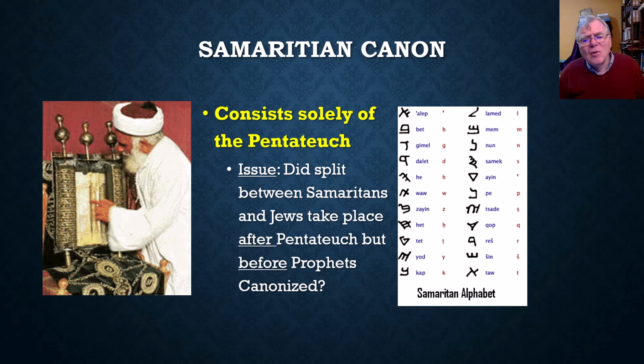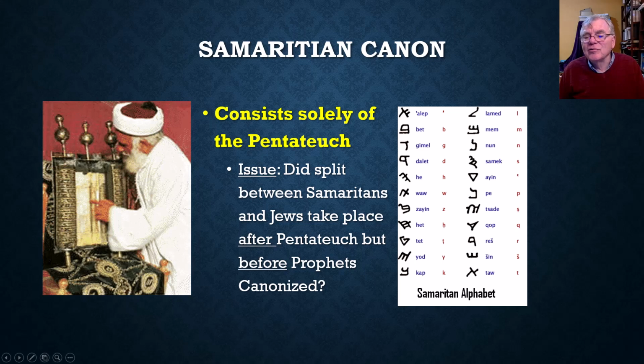And one of the questions that people raise: did that split take place before the Jews accepted as canonical the books of the prophets and the writings? Or did they split from the Jews before those other books came to be recognized as scripture?